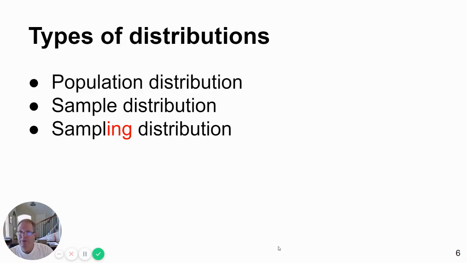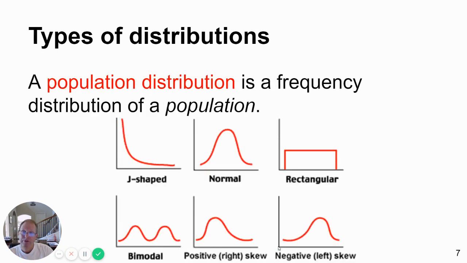Now, there are different types of distributions, and we've talked about the first two already. Population distribution, that shows every individual in the population. A sample distribution, that shows every person in the sample. And the new thing that we're introducing here is the sampling distribution. Just as a review, a population distribution is a frequency distribution of the entire population, and it can have many different shapes.